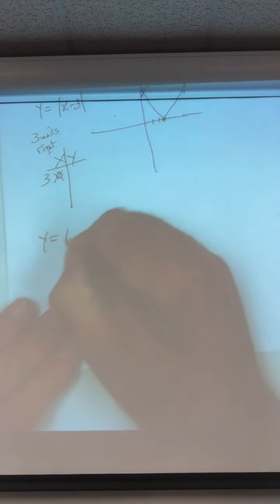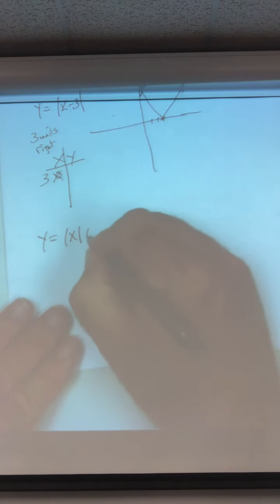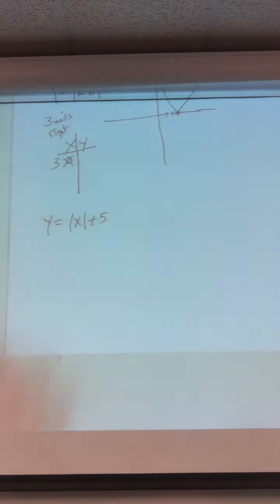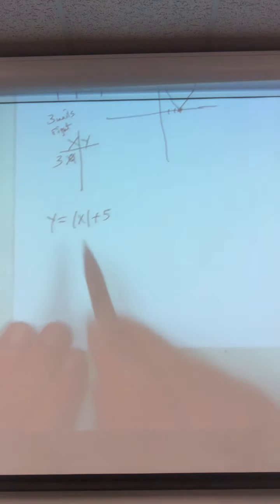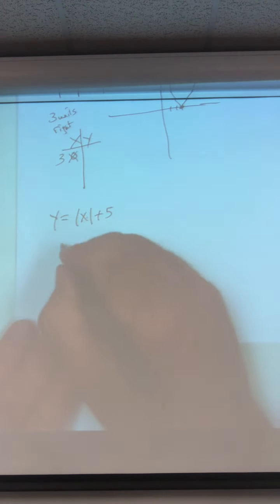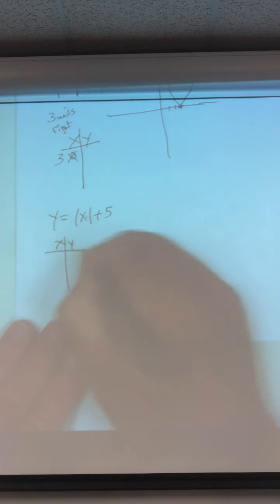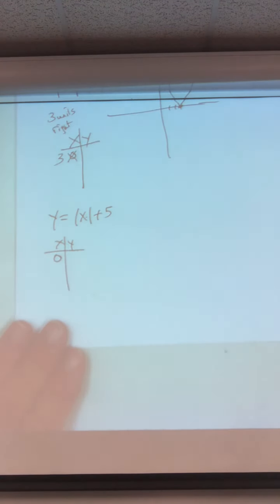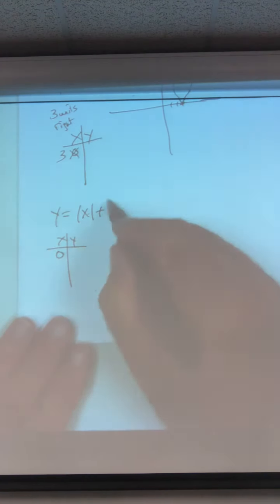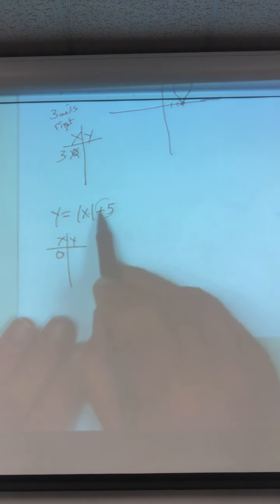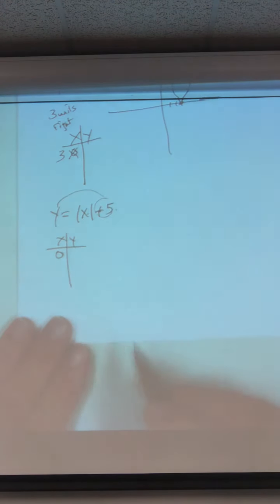Now, what do you think then this is going to do? Well, there's no number in here, so that's going to start still at 0. But what this is going to do is it's going to shift it, add 5 to all of your y values.